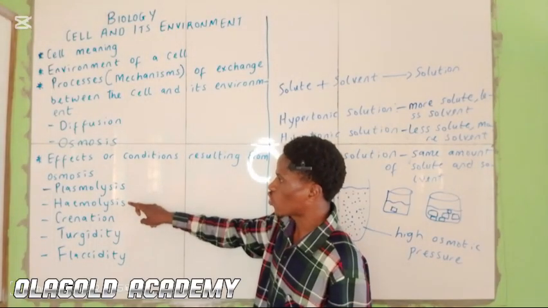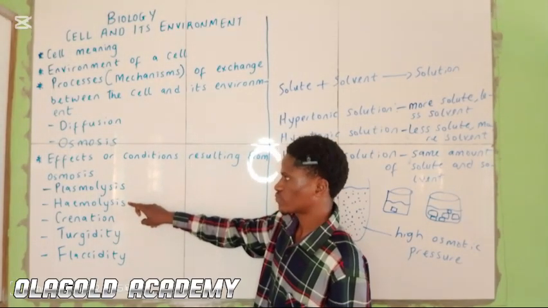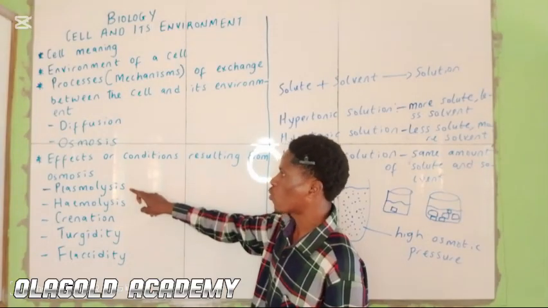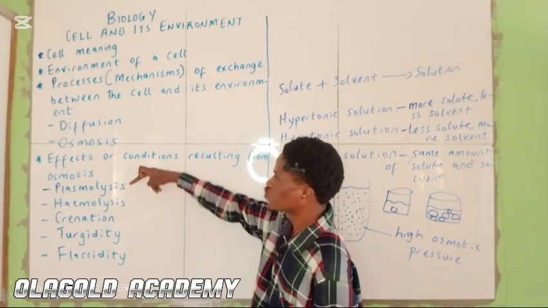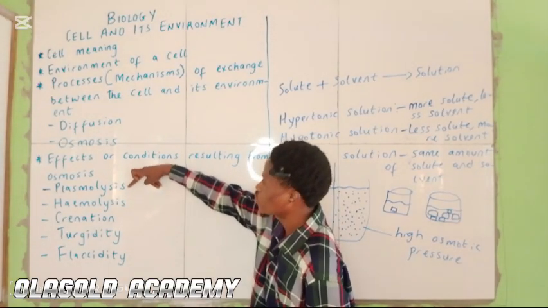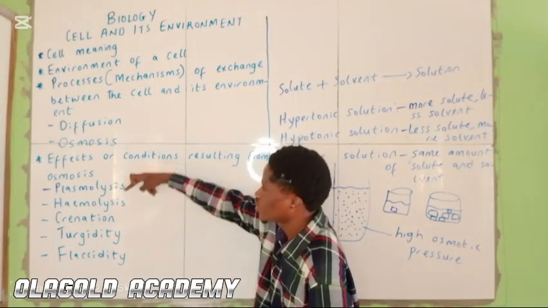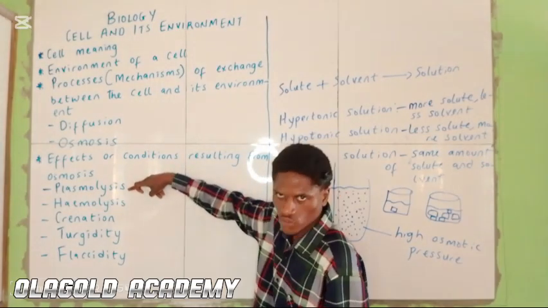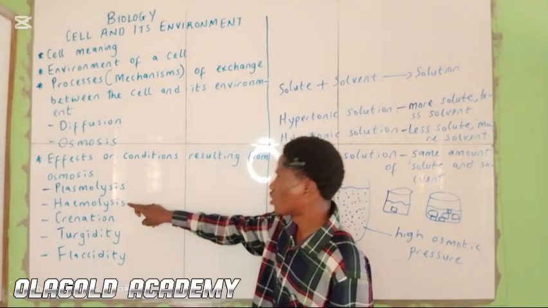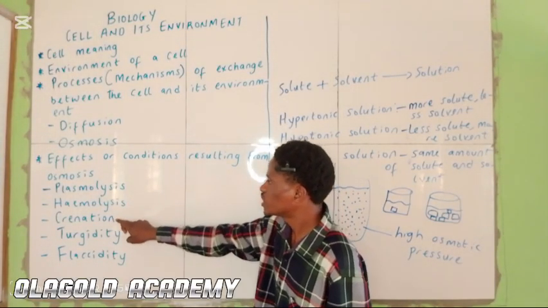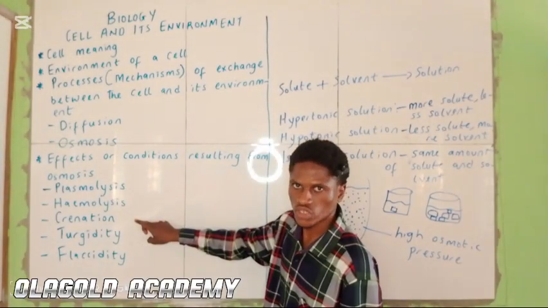Endosmosis happens for hemolysis. And also exosmosis happens for plasmolysis. This is when cells give out water to the environment. Give out water is exosmosis. Taking in water is endosmosis.